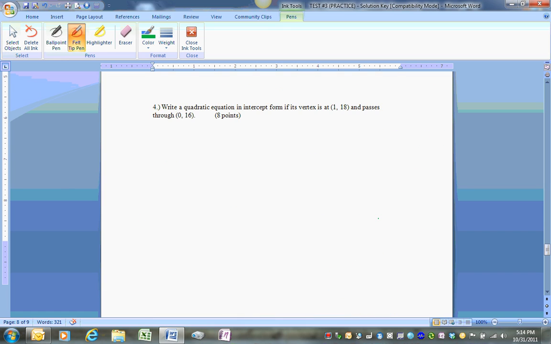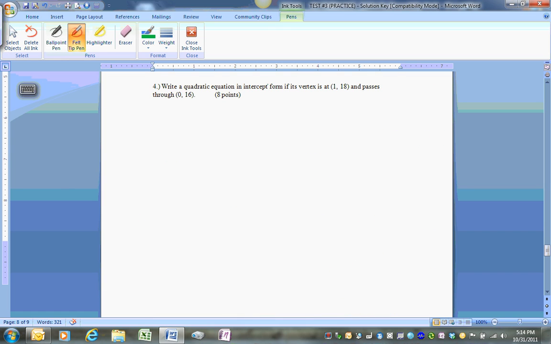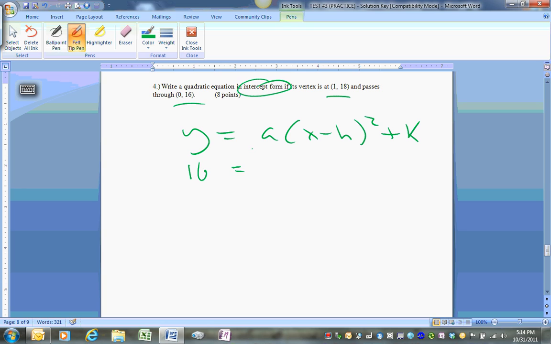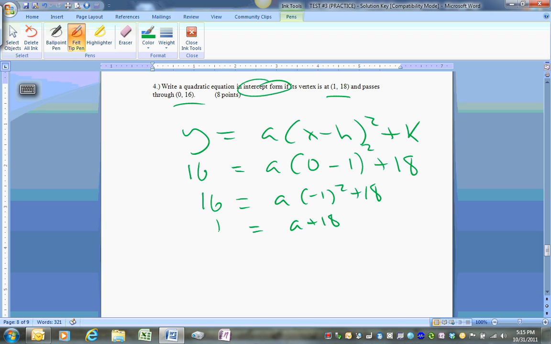Okay, so number 4. Write a quadratic equation in intercept form if the vertex is (1, 18) and it passes through the point (0, 16). Let's start with vertex form and plug in what we know. We know that x and y values are 0 and 16 respectively. We know h is 1 and k is 18. Work it out. A equals negative 2.